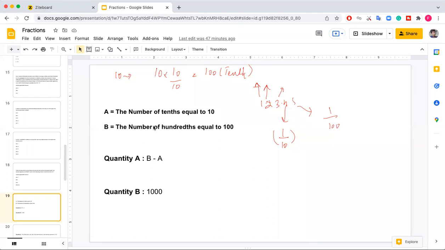It's actually saying in 10, how many number of 10th do we have? So, if we have 10, then we can say that we have 100 of 10th in 10. 10th is also written as 100th of 10th. And 100 is also written as 10,000 of 100th. This is what the question is asking. Got the point? Yeah.